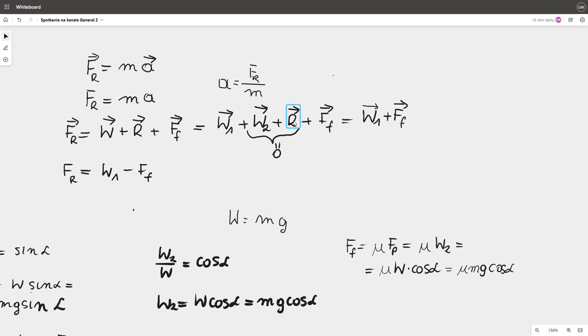So, resultant force is equal W1 plus friction force. These vectors are opposite to each other, so magnitude of resultant force is equal magnitude of W1 minus magnitude of friction force. Here.